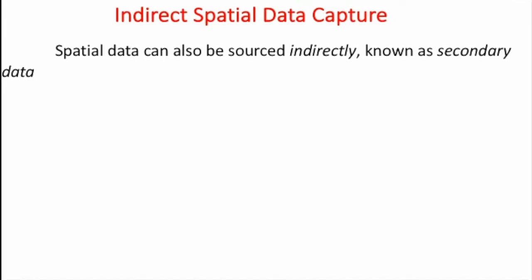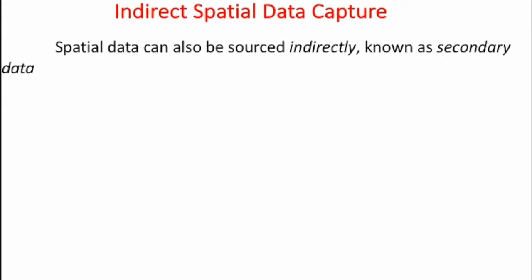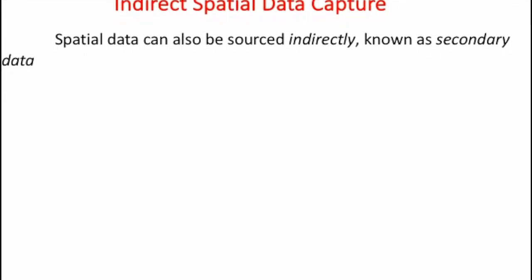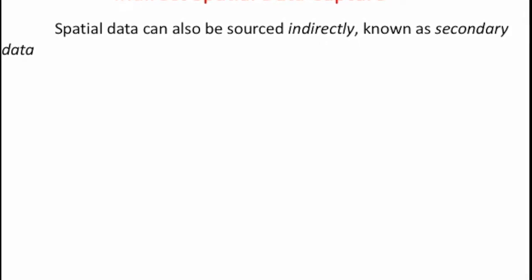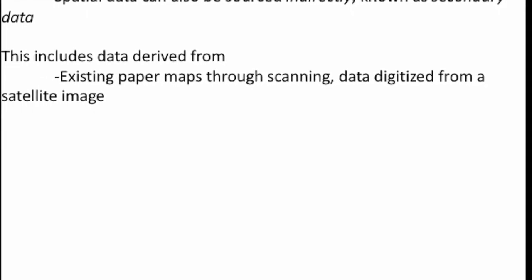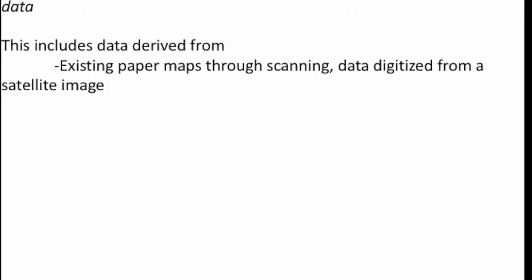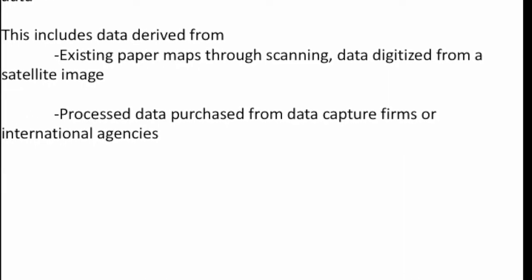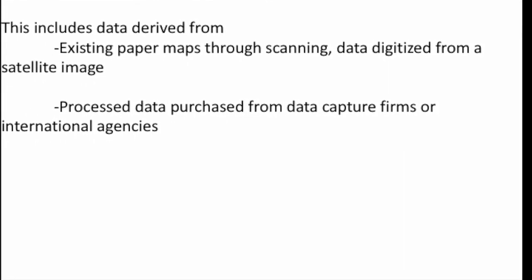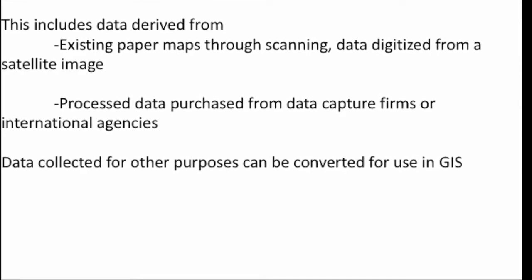We can also find these in different online sources, websites, clearinghouses or geoportals. From there we can capture this data. These data are derived from existing maps through scanning, or digitized from satellite images, or processed data purchased from different agencies or international agencies.